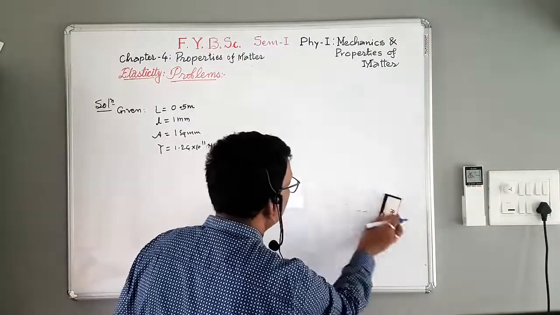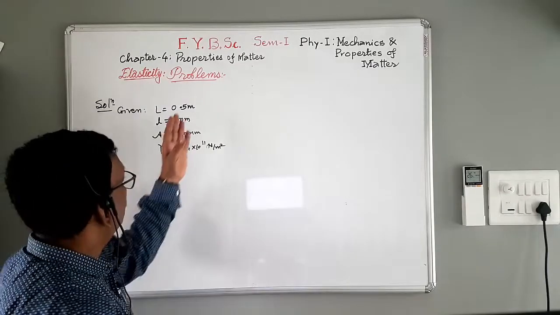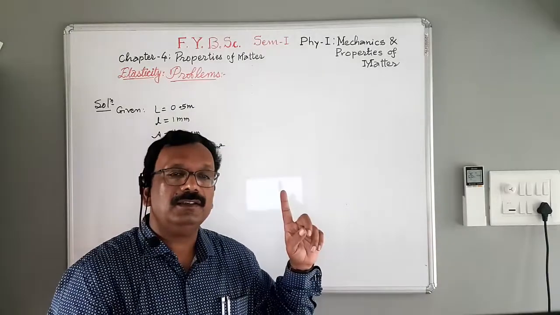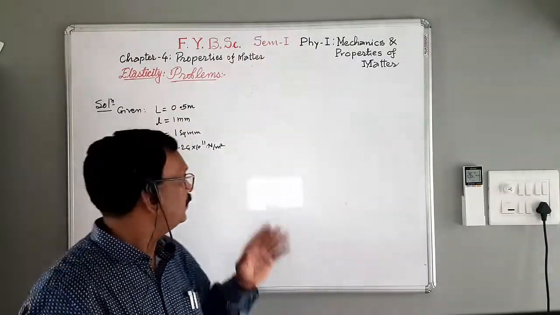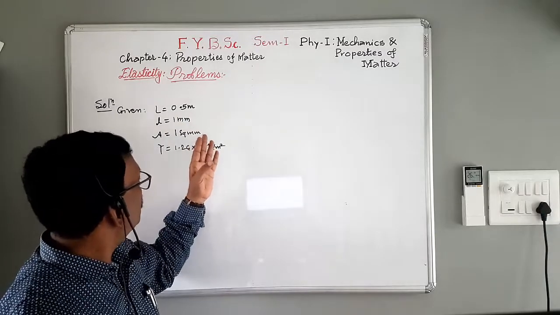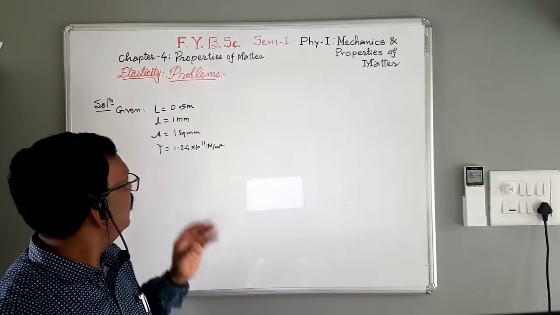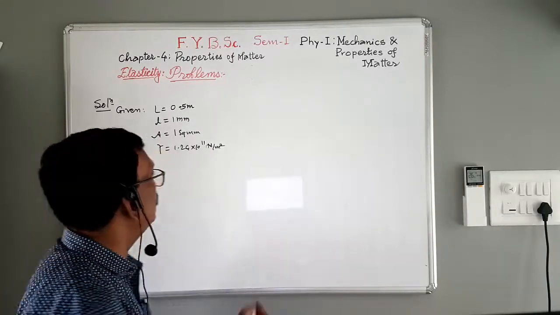Now, before solving this problem, we have to convert all the units into uniform units. Most of the units are given in SI and 1 is other than SI. So, we are going to convert into SI.